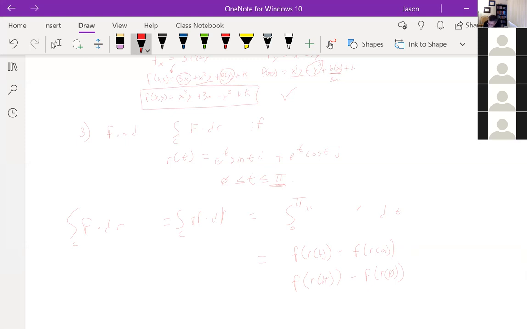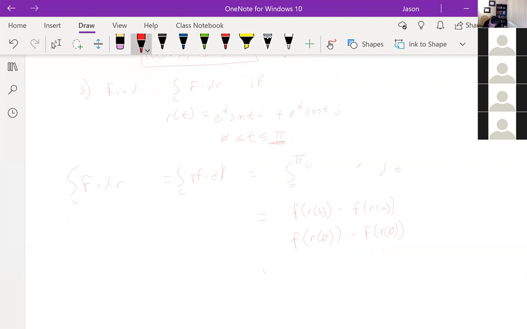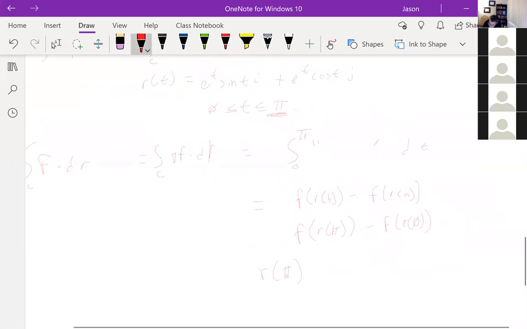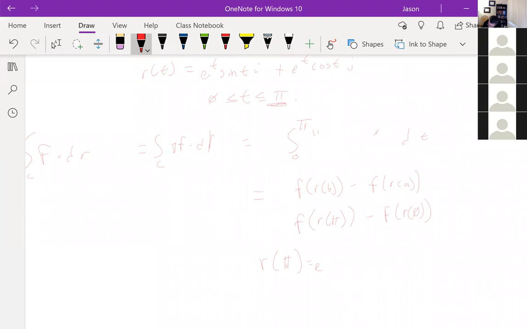Well, what's r of pi? Okay, let's see what is r of pi. Sorry, this is a little small. Okay, r of pi, well, plug it in. This is going to be e to the pi sine pi i plus e to the pi cosine pi j. Okay, so this is going to be e to the pi sine pi. Well, sine of pi, that's 0, right? So that's going to go to 0.